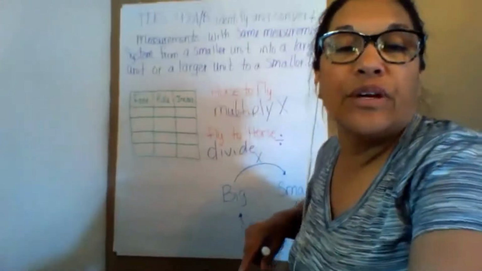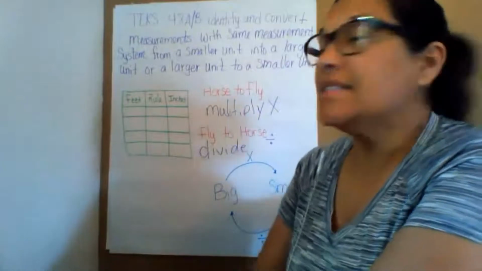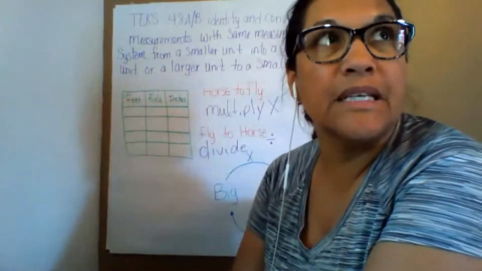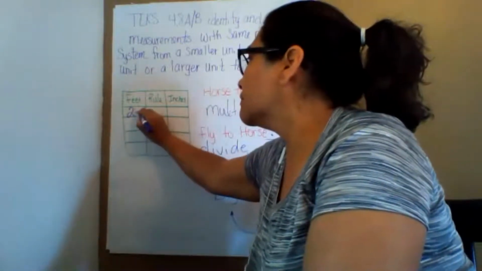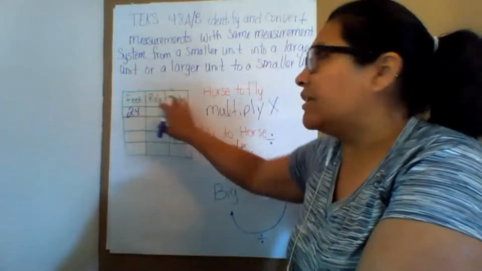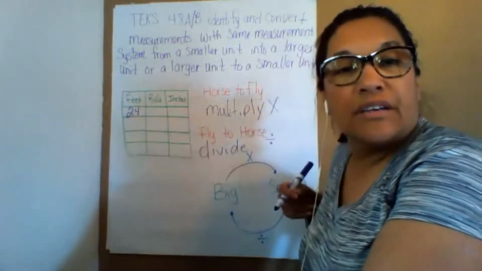It is important for us to find our rule, correct? So what if I said, somebody give me a feet. Let me see. What if I said 12 feet, and we want to go to inches. How do I know this? Somebody tell me, what rule would I use here?